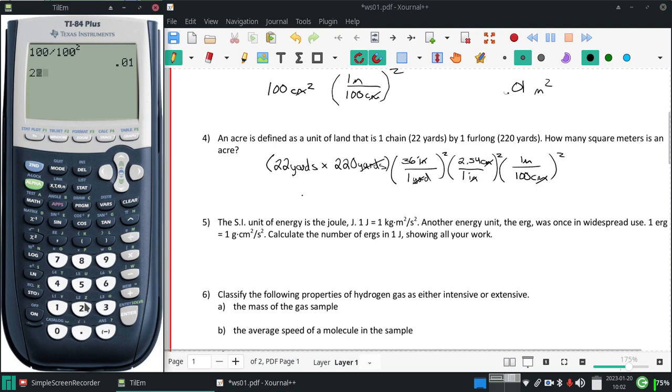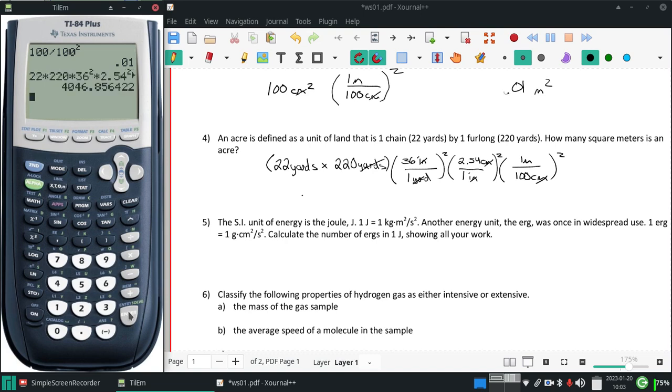So I have 22 times 220 times 36 squared times 2.54 squared, and then divided by 100 squared.